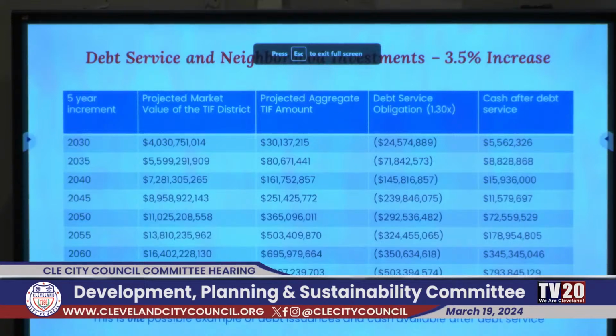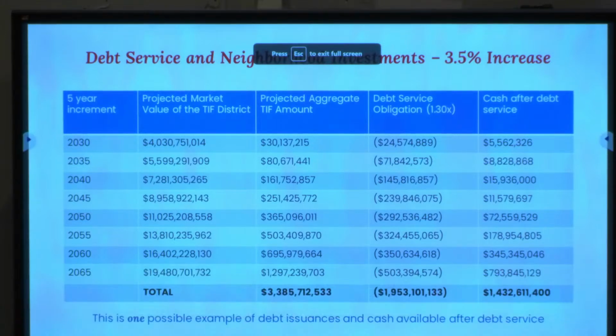In 2030, using the 3.5% annual property value increase scenario, the district would produce just over $30.1 million. That's the projected aggregate TIF amount column. If you look down through 2065, those are the amounts using the 3.5% value increase scenario that the district would produce on an annual basis.